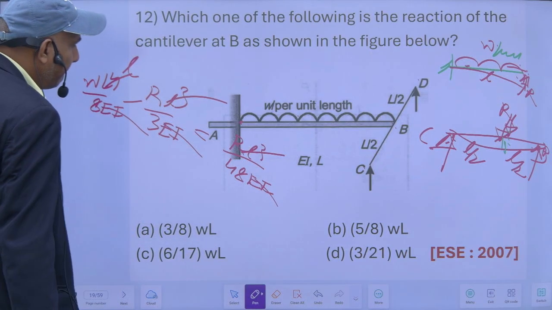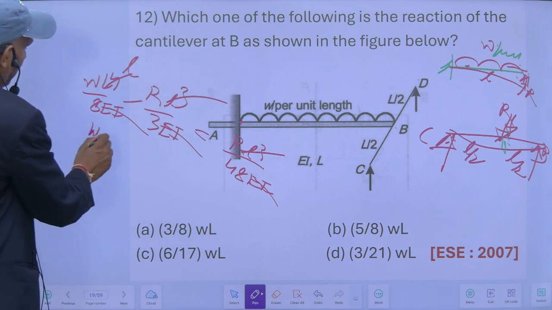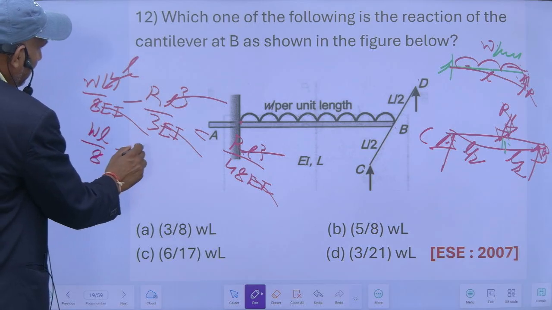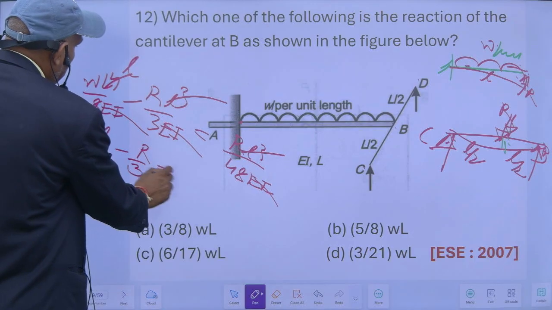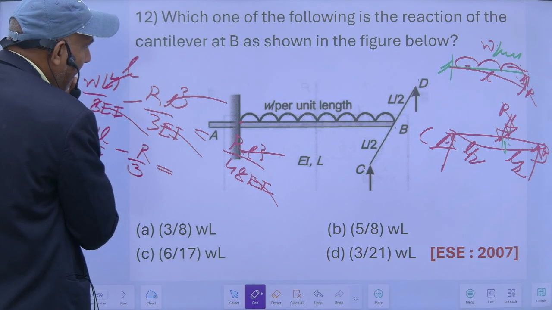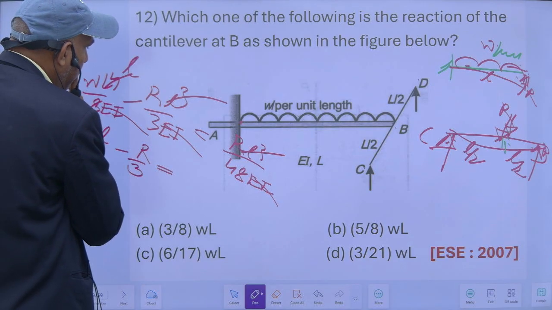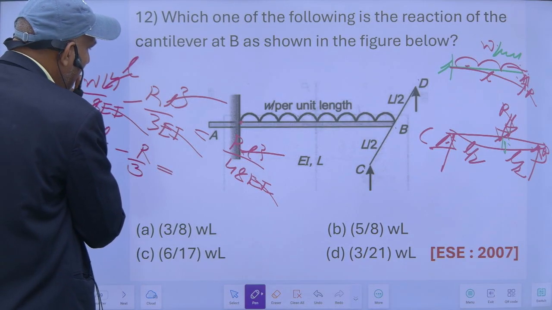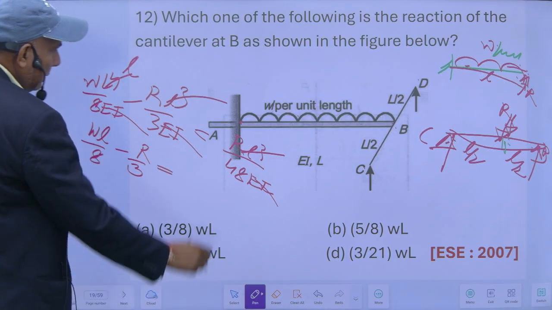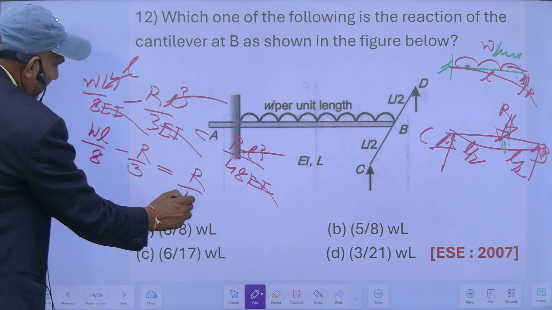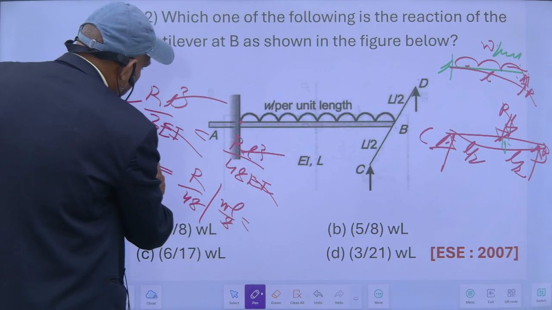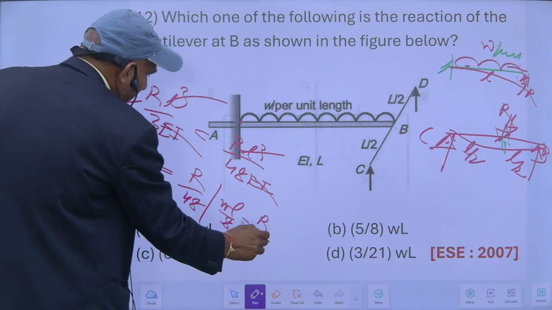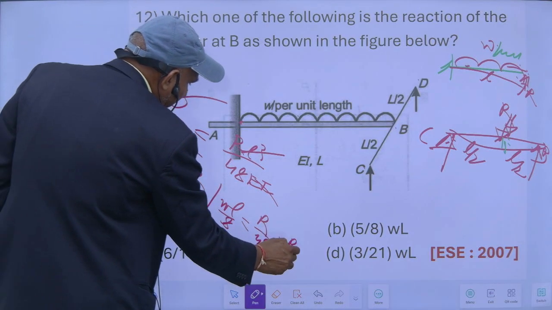So it will be WL upon 8 minus R by 3 is equal to this R upon 48. So WL upon 8, this will be, if I take, this will be R upon 48 plus R by 3.